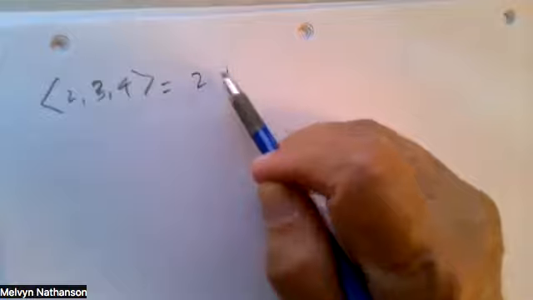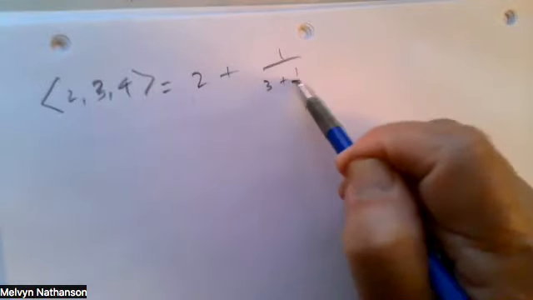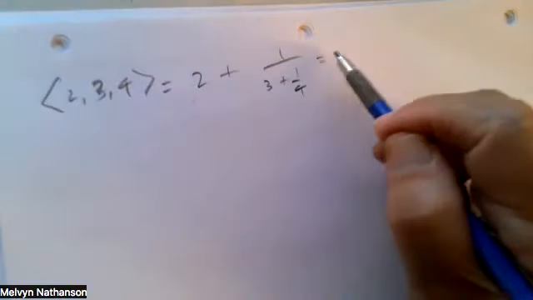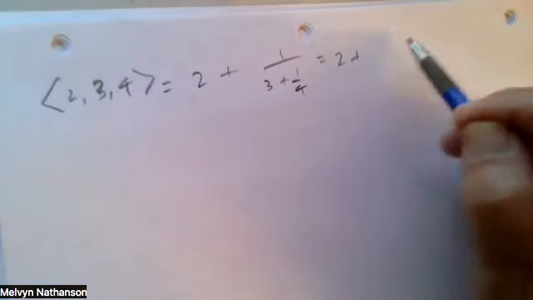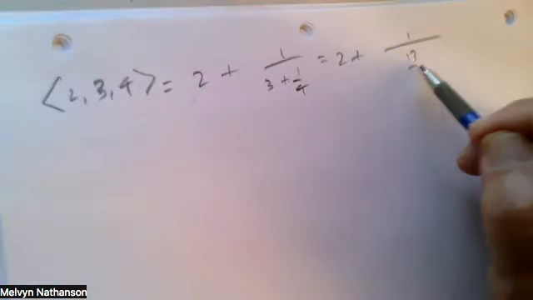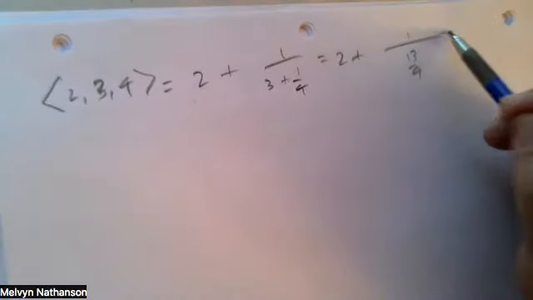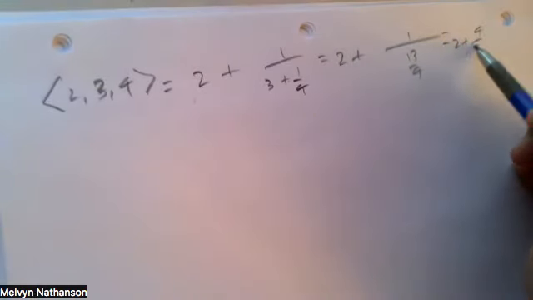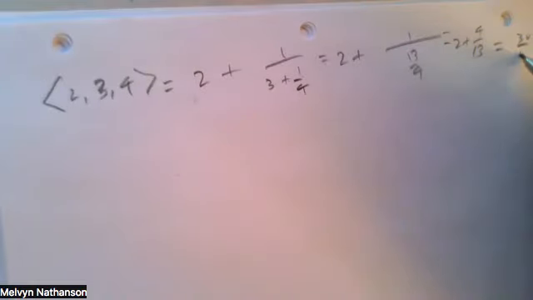This is 2 plus 1 over 3 plus 1 over 4. That's what this continued fraction is. Computed, 3 plus 1 over 4 is 13 over 4. So this is 2 plus 4 over 13, which is equal to 30 over 13.